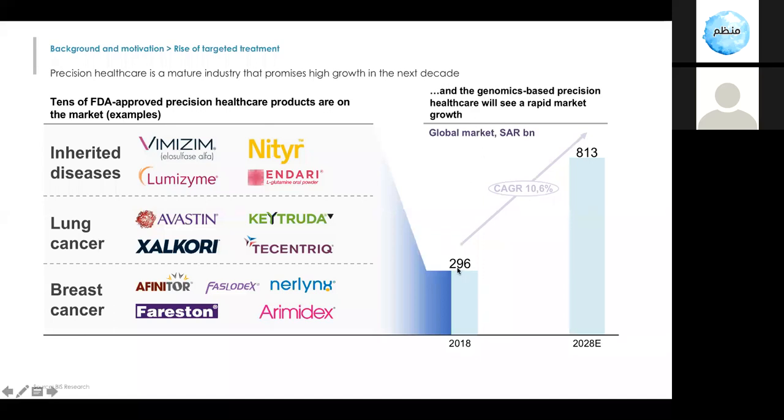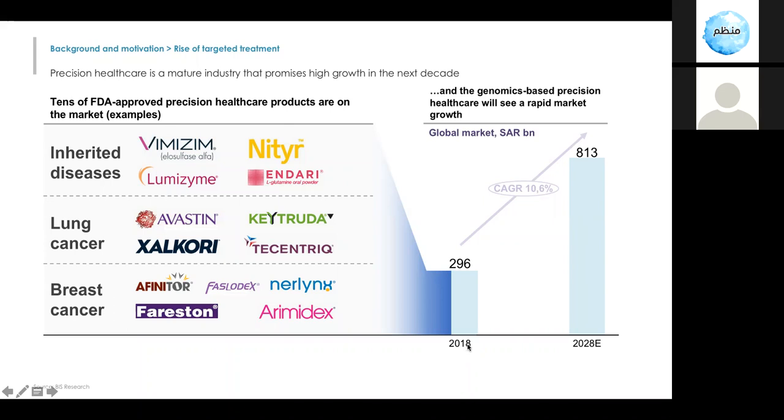I wish I can convince you that it is a very good market. All of these companies are employing artificial intelligence to achieve precision healthcare, and all of them are actually making billions of Saudi riyals.